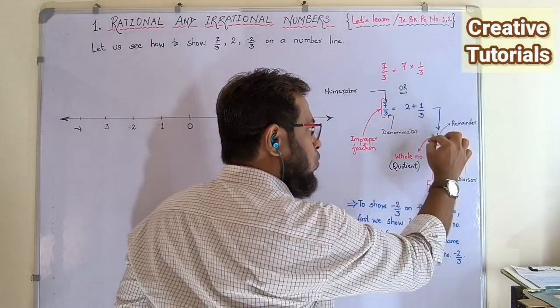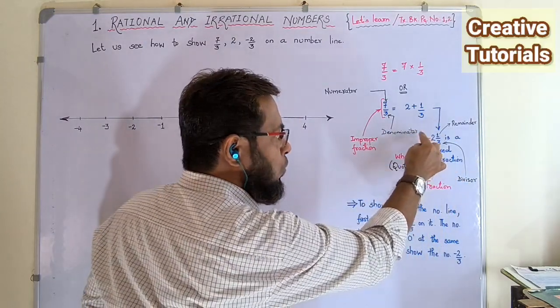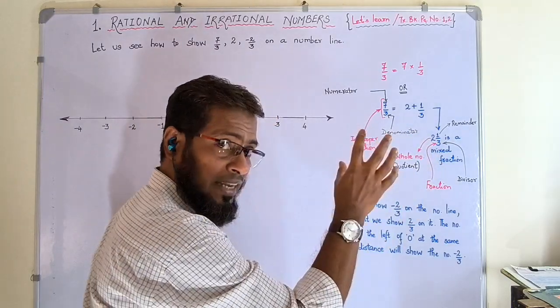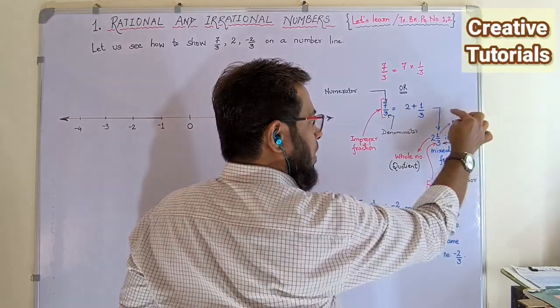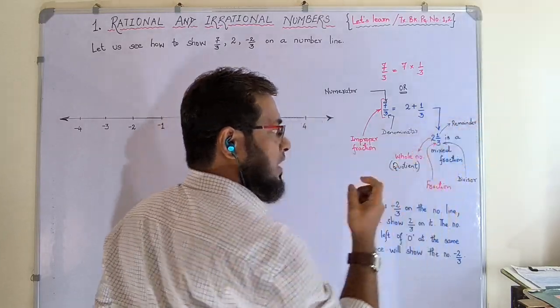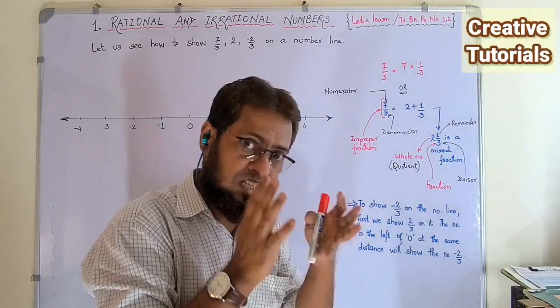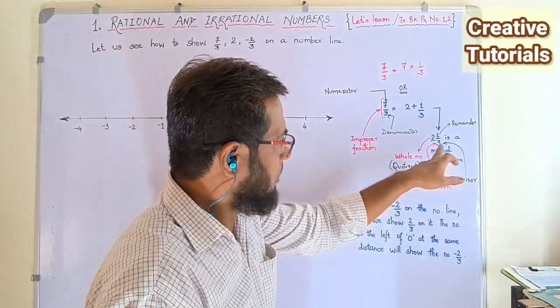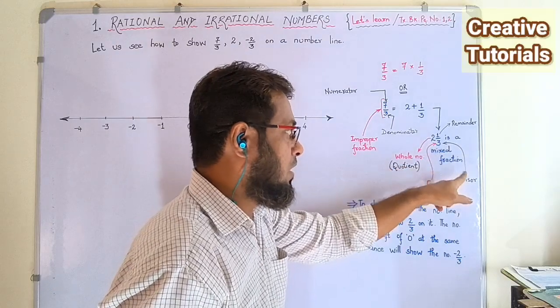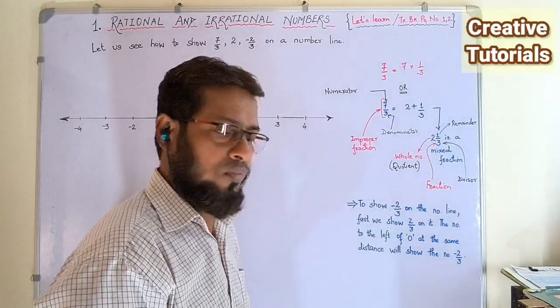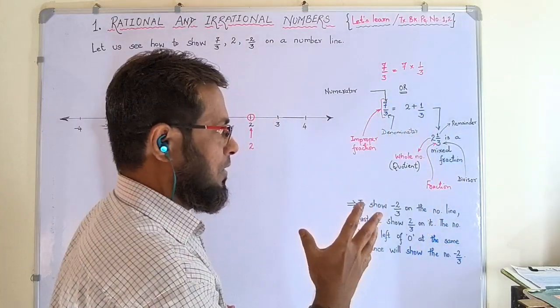Now of this 2, 1, 3, our 2 is the quotient when you divide in actual. Then the number on the top, that is your numerator, is nothing but the remainder in that division which you carry out, and the number down below, that is the denominator, is nothing but the divisor. So this is how the breakup is.